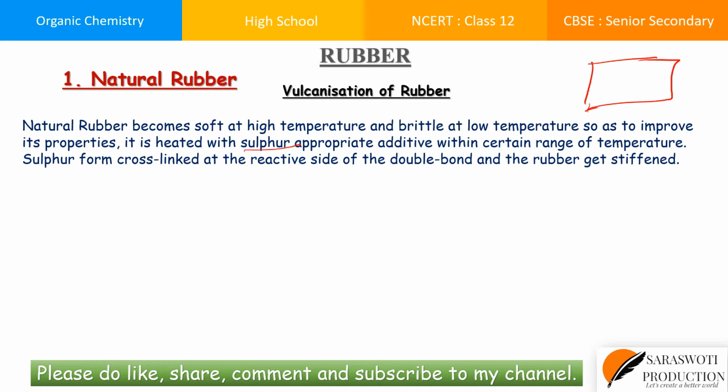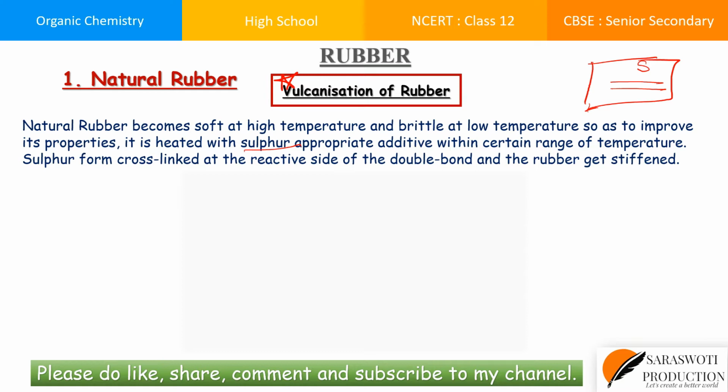So sulfur comes between the double bonds. Let's see how. This important question has been asked many times in board exams, so keep that in mind. Let's see how the structure will look in vulcanization of rubber.